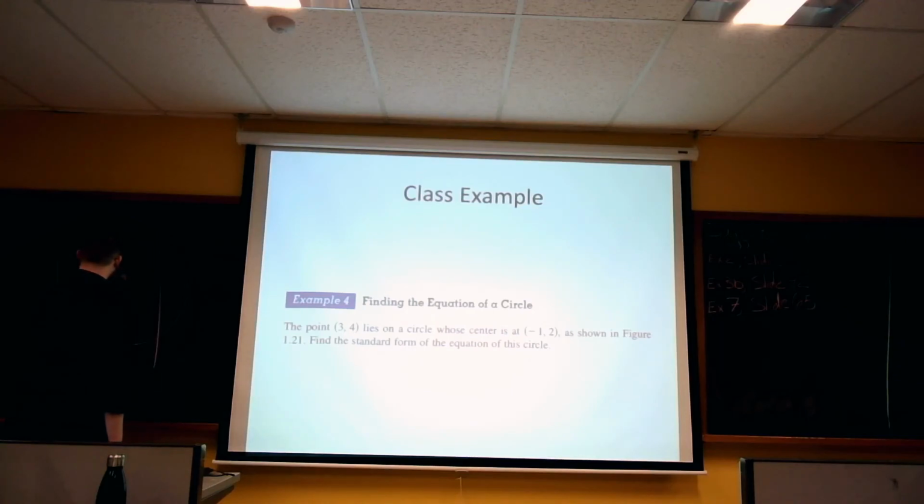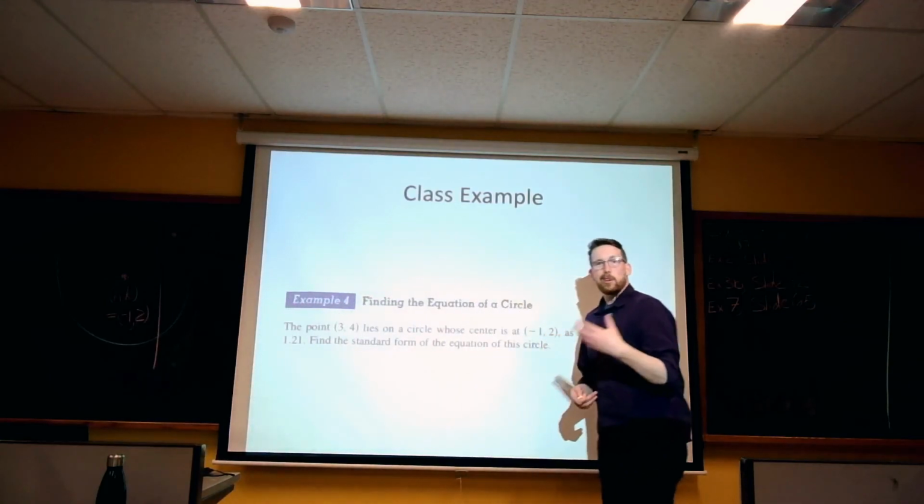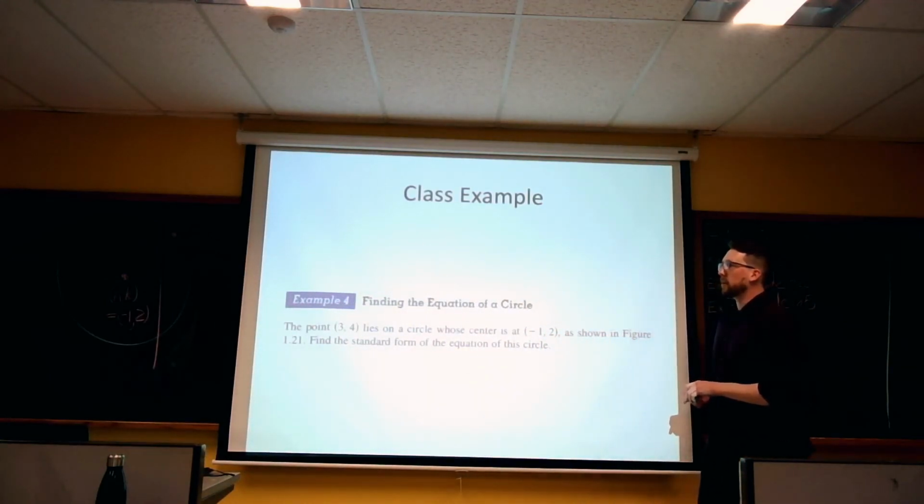So the center point, HK, is equal to -1, 2, and this far out reaching point is going to be the point 3, 4. So it doesn't quite tell us all the information we need, does it? It doesn't tell us what the radius is.